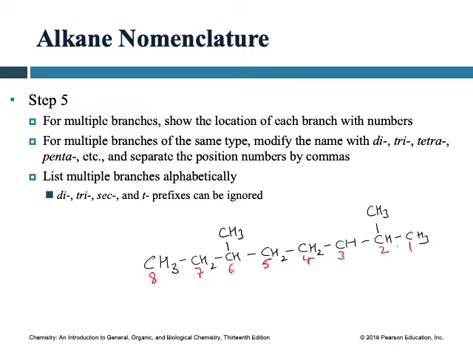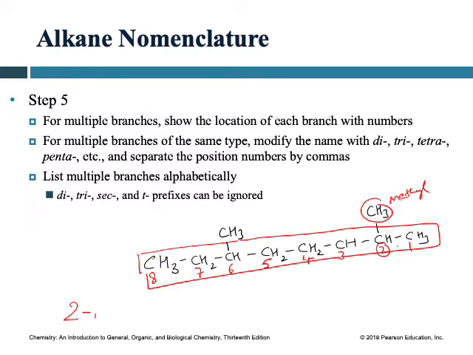So what does the rule say? You have to write the location of the substituent first. So the first substituent is present on the second carbon, you write 2, hyphen. Which substituent do you have here? Methyl. This is your parent chain, right? So it's 2-methyl.